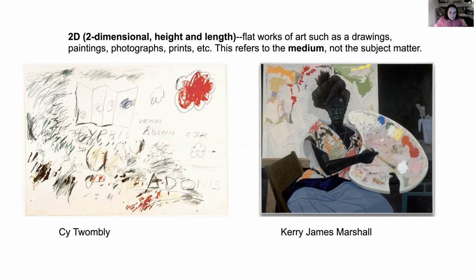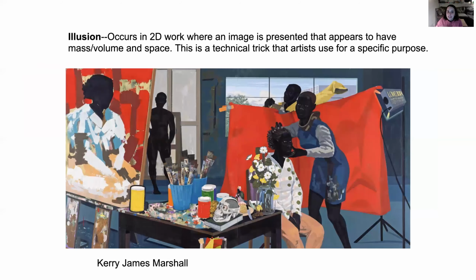So to talk a little further on that idea, when we see this image on the right, we say it's 3D. What we're actually referring to is illusion. Illusion is the sense that there is a deep space in a flat surface. So again, this is a 2-dimensional work of art. This is a painting.